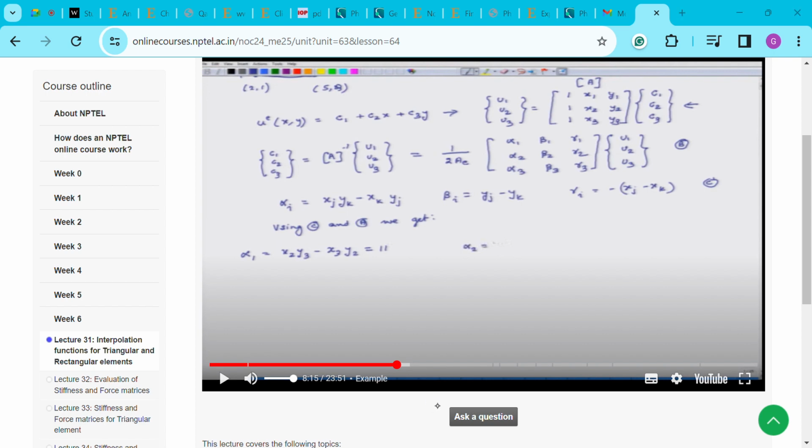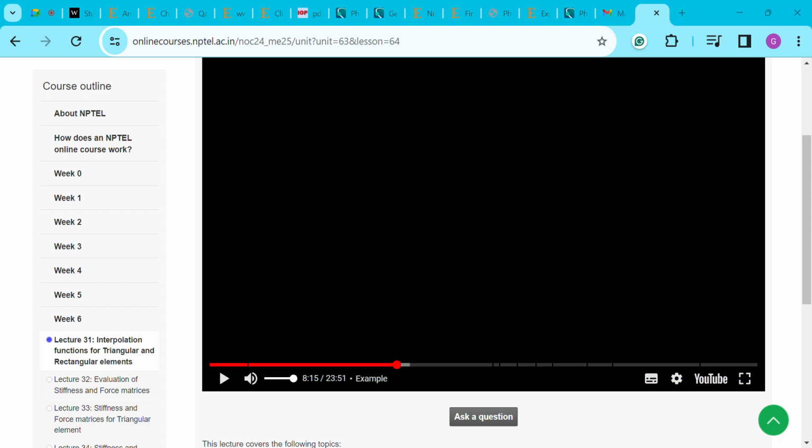Maybe we can just find the inverse and see how it would look. I think instead of finding the inverse, we directly wrote how the expression would look. It's nothing like 1 x1 y1, 1 x2 y2. You can just do this in the standard way.